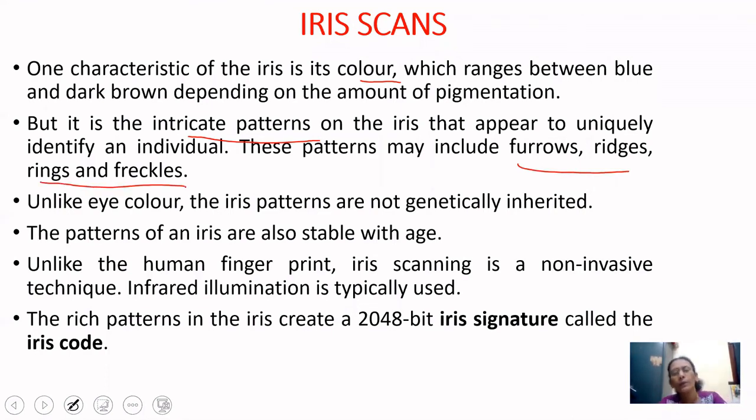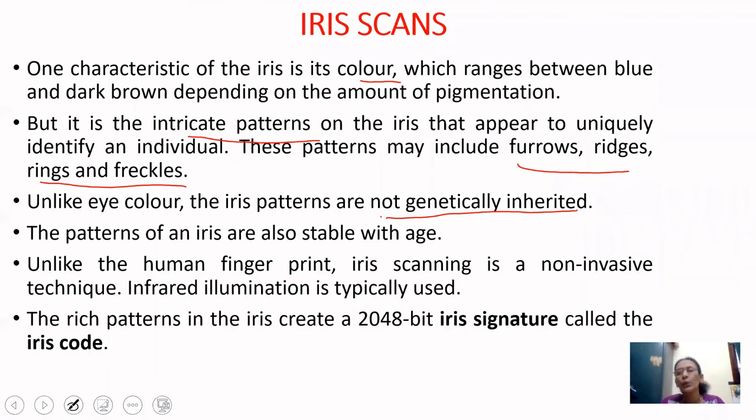Eye color is genetically inherited from the parents to the children, etc. But iris patterns are not genetically inherited. So even identical twins have totally different iris patterns.